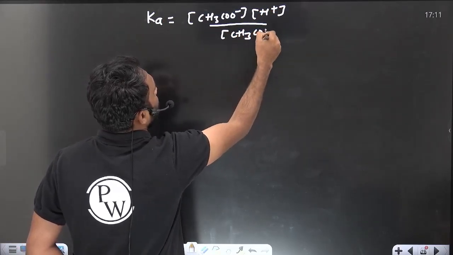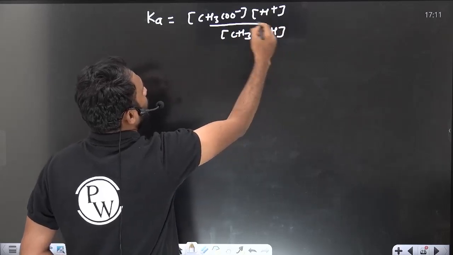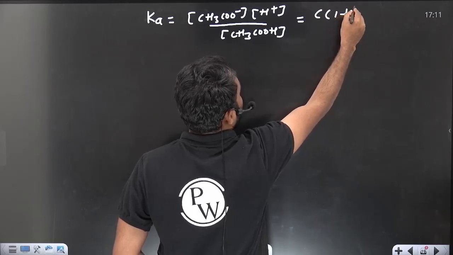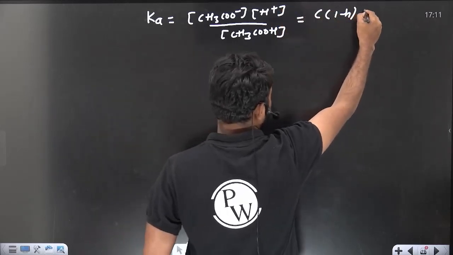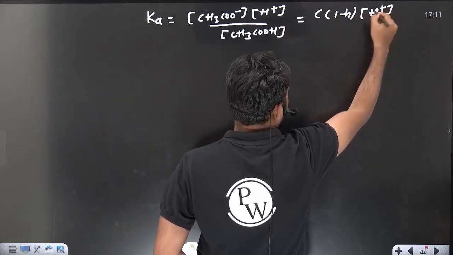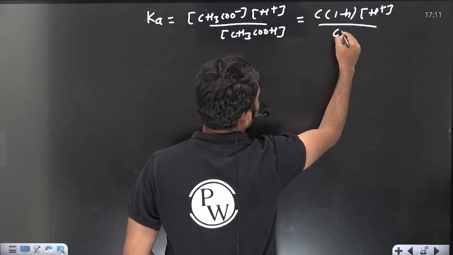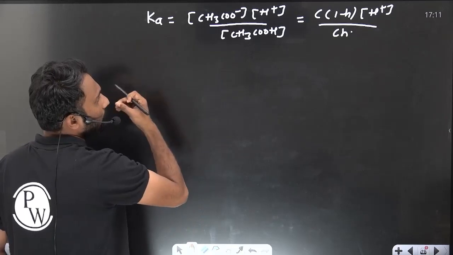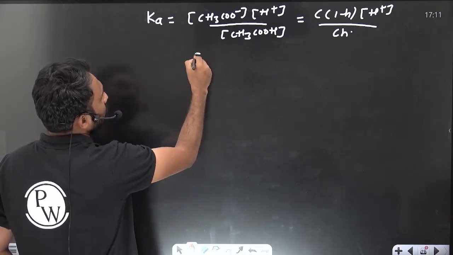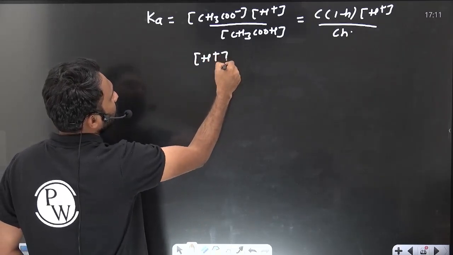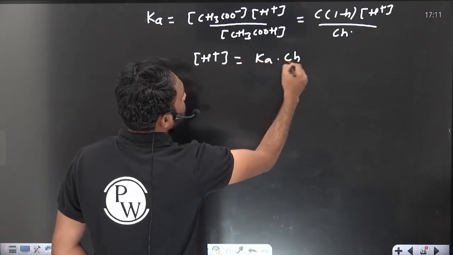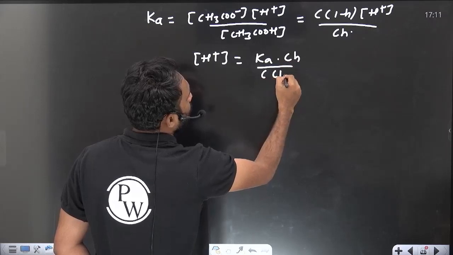Now the acetate ion concentration is C into 1 minus h. The H plus ion concentration we don't know. The acetic acid concentration is Ch. Now by this, H plus ion concentration is equal to Ka into Ch by C into 1 minus h.